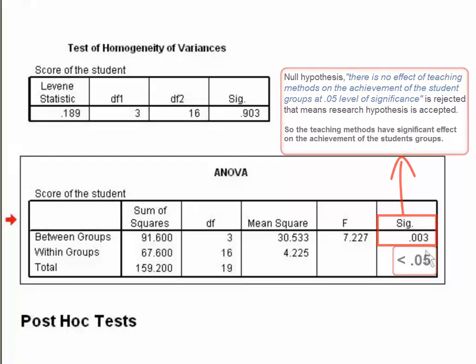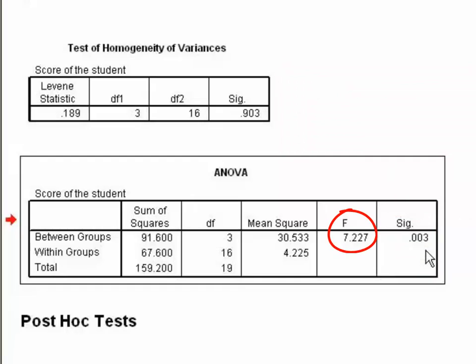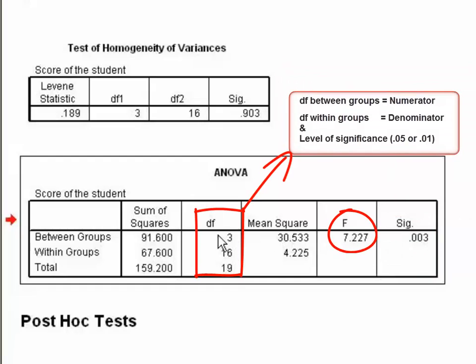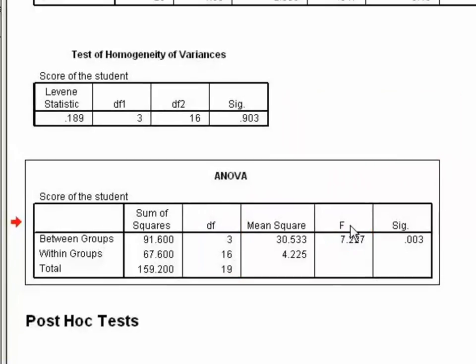However, using the F value, degrees of freedom between groups as numerator, degrees of freedom within groups as denominator, and level of significance, you can do the same interpretation manually. The details of it are described in chapter 10 of the book.